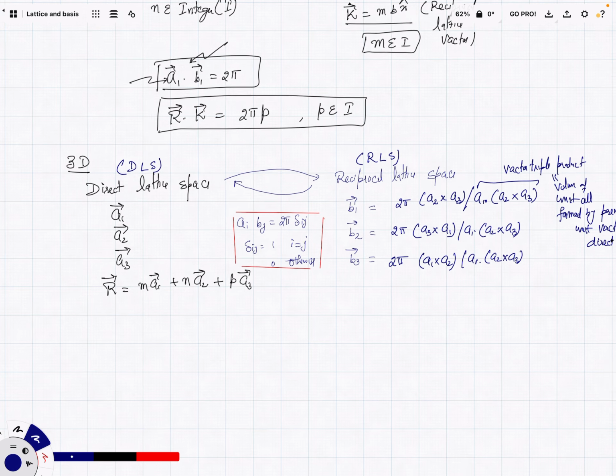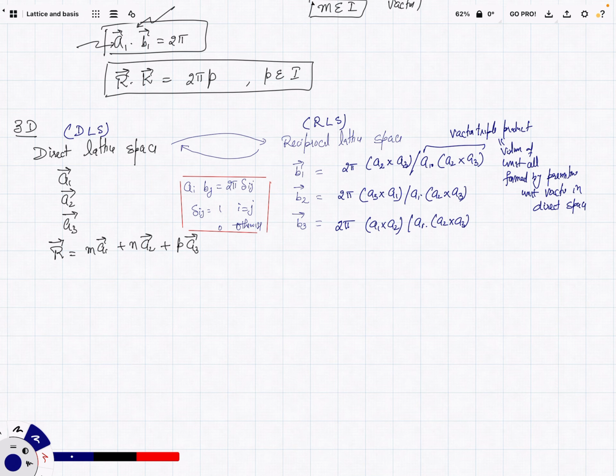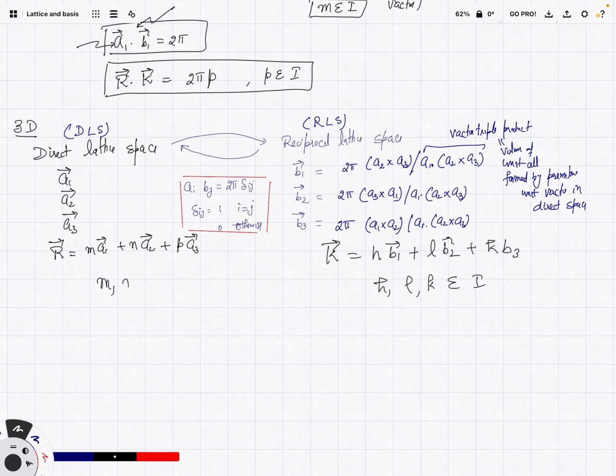So this prescription allows us to go from one space to another. Then R can be written like this, and the K in 3D can be written as h times b1, l times b2, k times b3, where h, l and k belong to integers, and m, n and p also belong to integers.